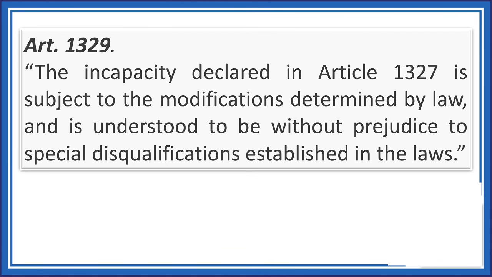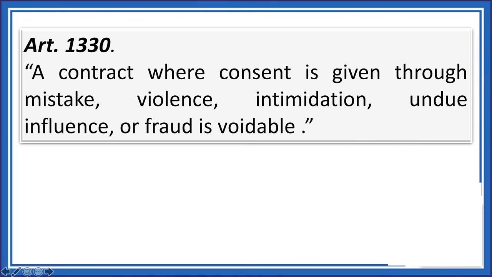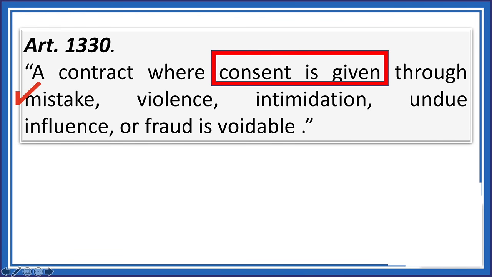Let's proceed with Article 1330. So, Article 1330 provides that a contract where consent is given through mistake, violence, intimidation, undue influence, or fraud is voidable. So, actually, ito yung sinasabi ko kanina, na-mention ko na siya na two classes of voidable contracts.